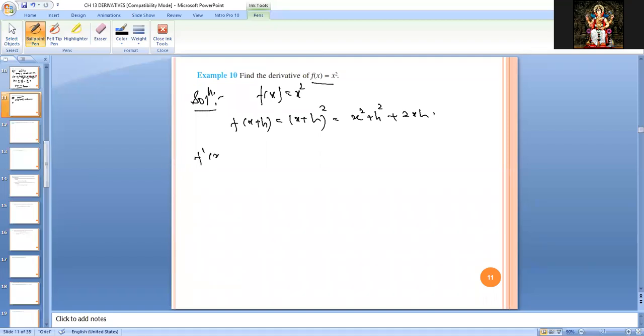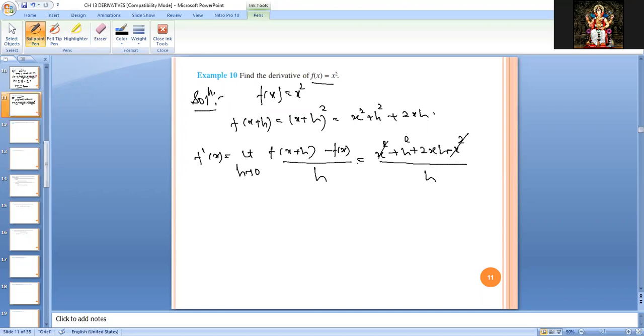Now f dash x is equal to limit h tending to 0, f of x plus h minus f of x upon h. It is x square plus h square plus 2xh minus x square upon h. x square cancels. f dash x is equal to limit h tending to 0, h square plus 2xh upon h.